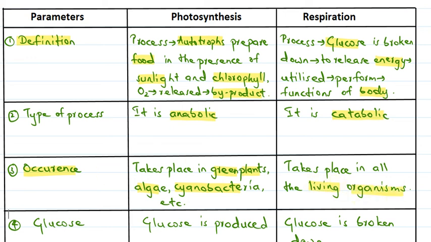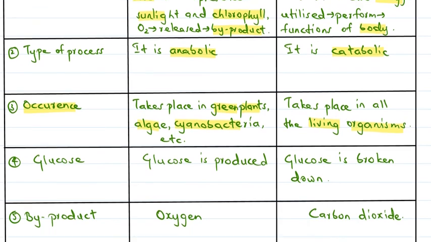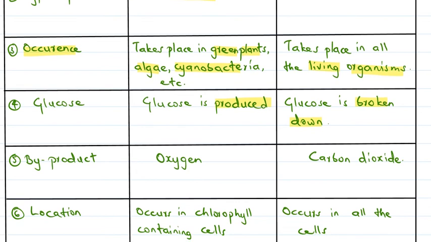Then we considered the next parameter as glucose, and we saw that glucose is produced in case of photosynthesis, whereas glucose is broken down in case of respiration. Then the byproduct formed is oxygen in case of photosynthesis, whereas in case of respiration carbon dioxide is formed as a byproduct.